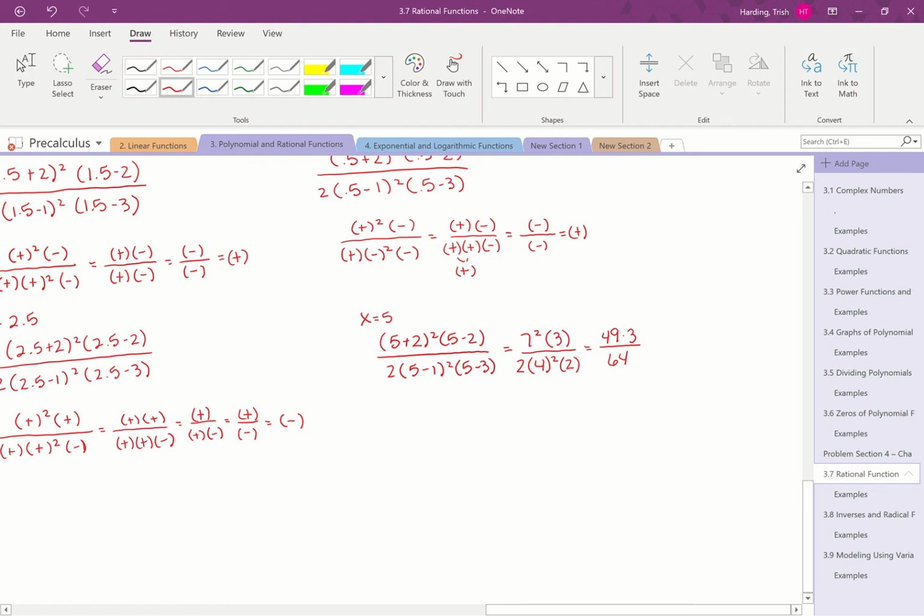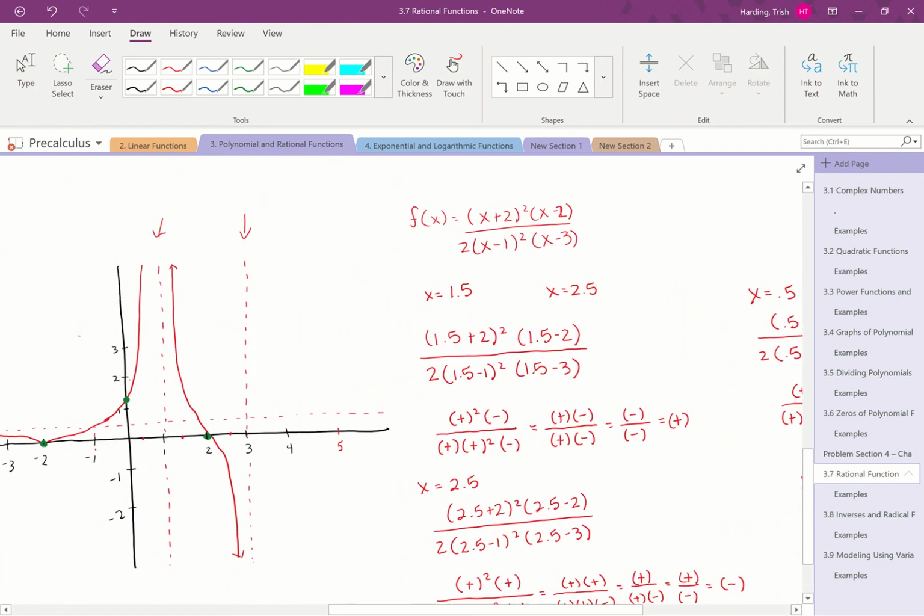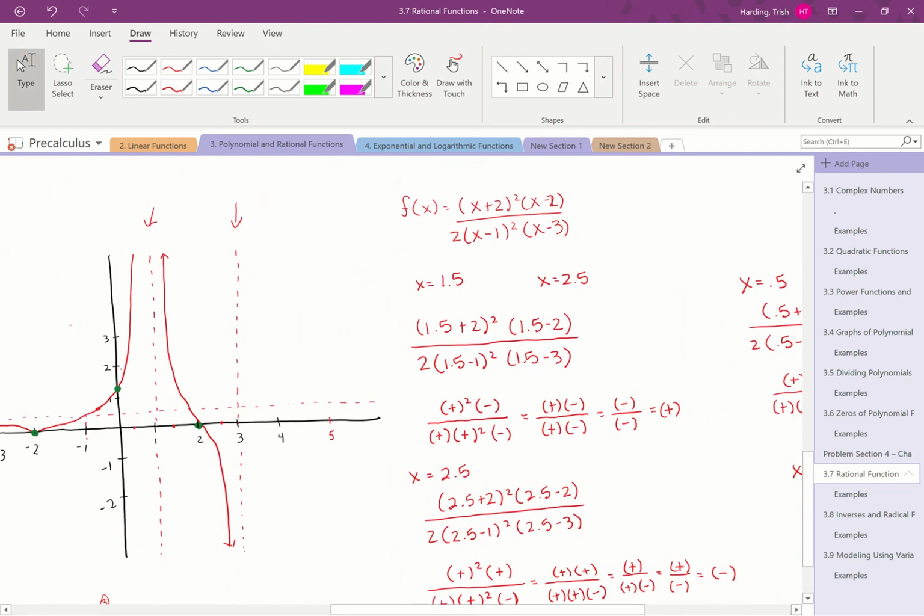So that's going to be 49 times 3 divided by 64. And that is approximately 2.29. So it really doesn't look like it will cross at that point, and it is positive. So I'm going to say it will look something like this.